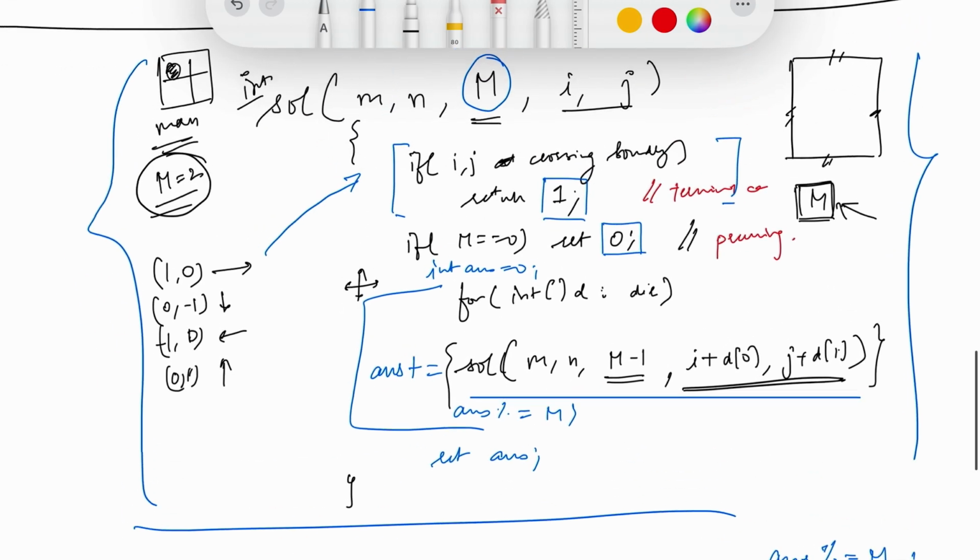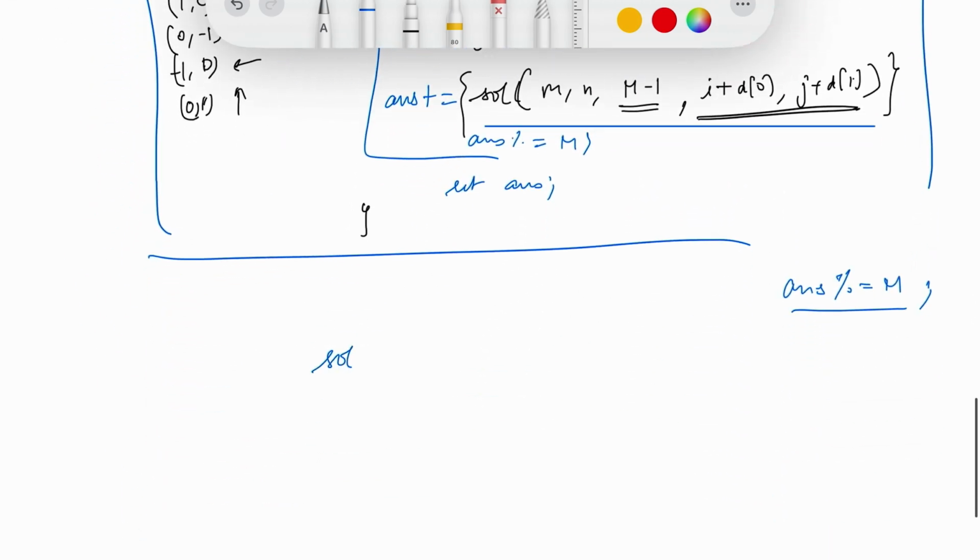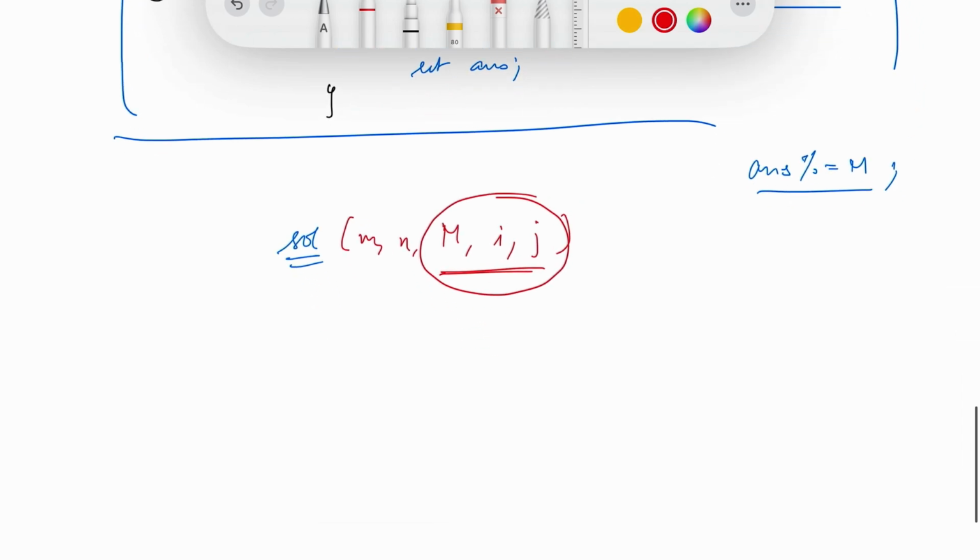And apart from that, our solution function, m and capital M, i, j, is dependent on these three values.